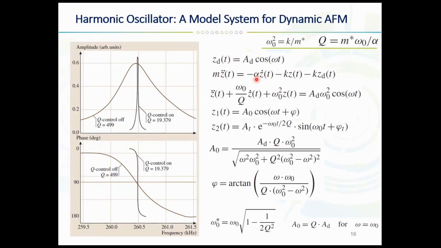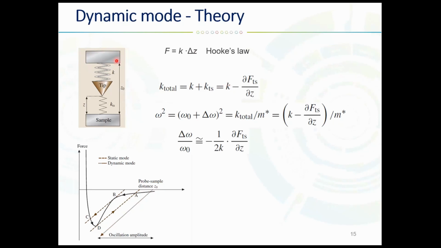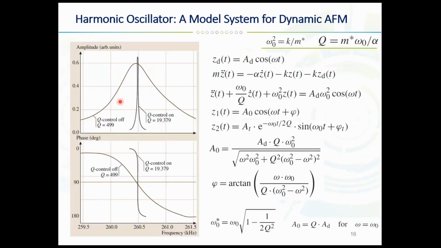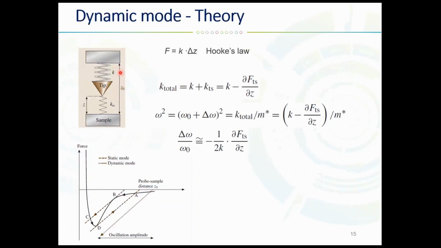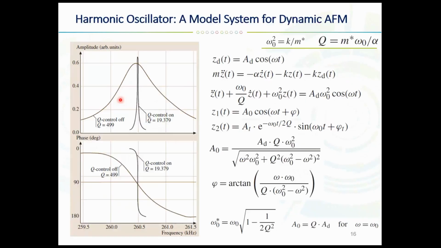This equation is obtained from Newton's law, and it shows us the motion of the position z. So again, we have the distance z, and z of t is the position along this axis while the tip is moving.